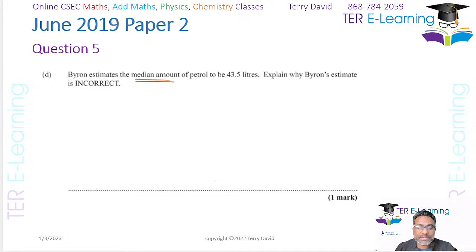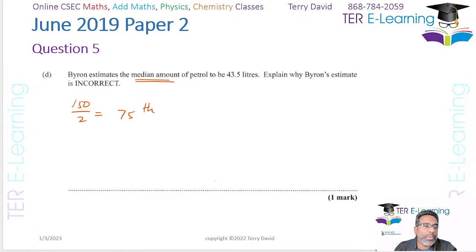For the median, you have to arrange your data in ascending order and find the middle. Now, you have 150 cars here, so I would take 150 and divide that by 2. 150 divided by 2, you're going to get 75. So what I'm looking for is the location of my 75th car.